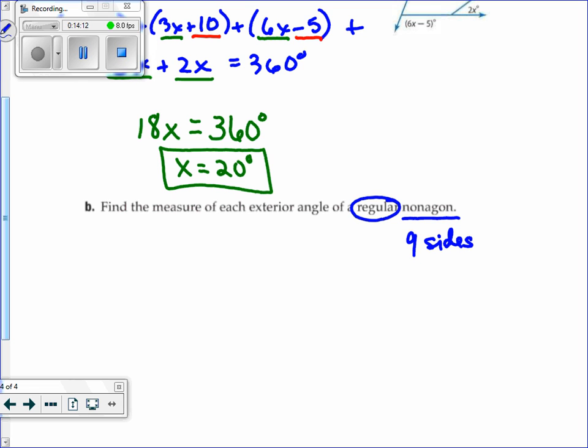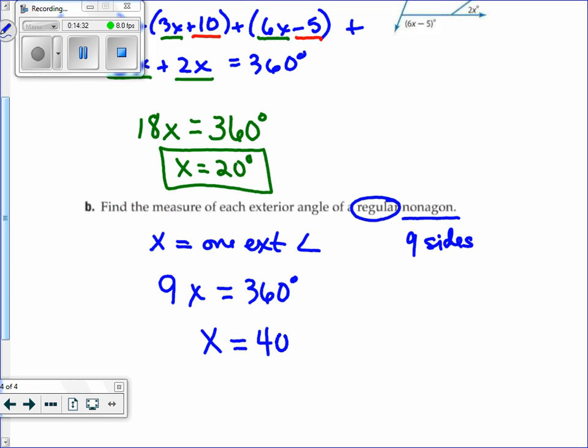So I'm going to let x equal 1 exterior angle. If I have 9 of those, 9x should equal 360 degrees. That's how you set it up. Then I'm going to divide by 9. x is going to be 40 degrees. So each exterior angle is 40 degrees.